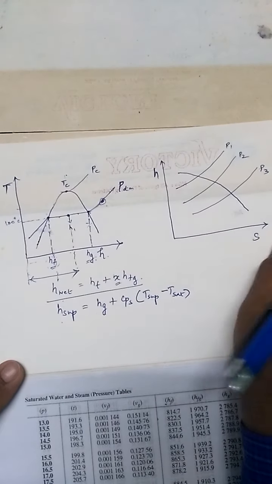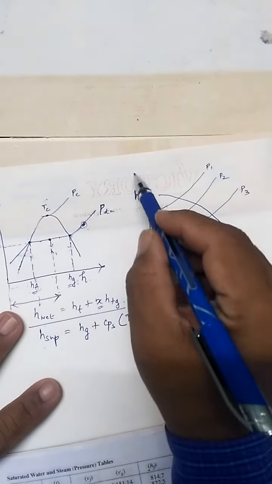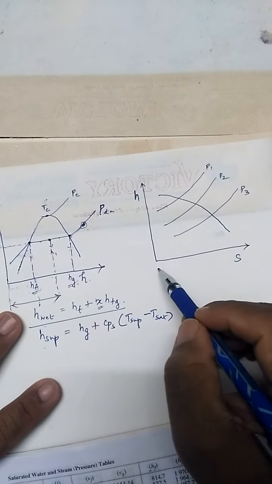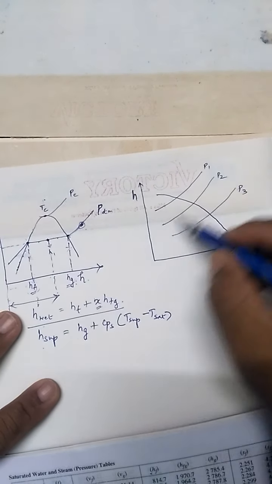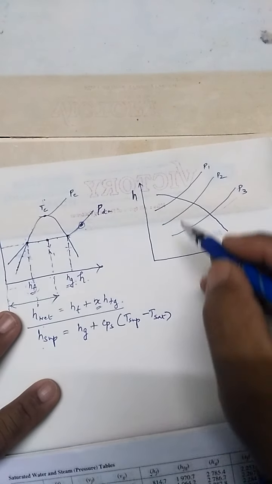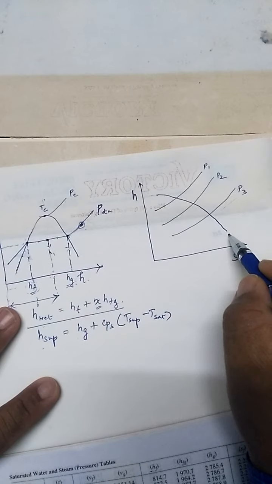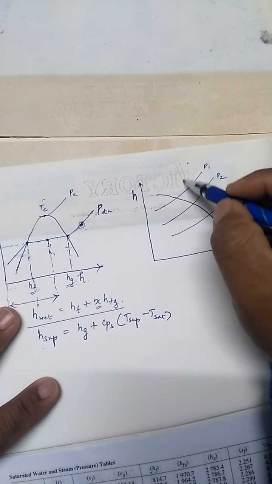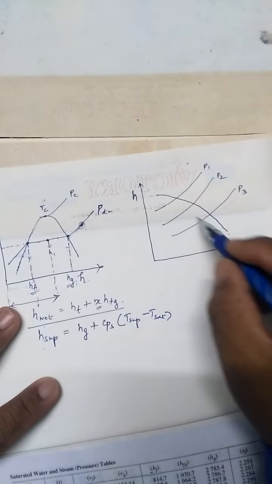Similarly, if you see the h-s diagram, h values will be on this axis, the Y axis, and the s value will be this one, and there are some different pressure lines. Suppose the steam is expanded. This is the saturation line. Above the saturation line, the steam will be in the superheated condition, and below, in this region, it is in wet condition.